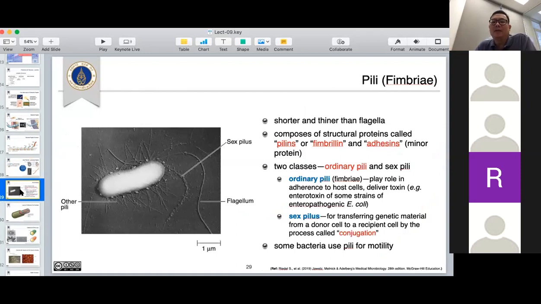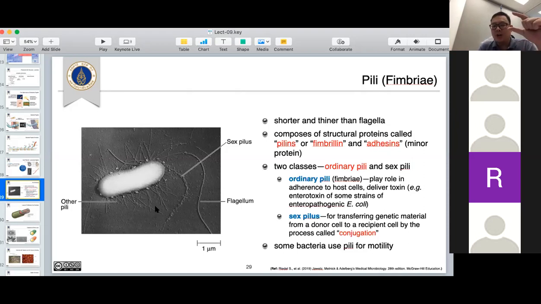Pilin or fimbria. Well, this is a confusing term. Some textbooks say pilin and fimbria are the same thing. Some textbooks classify pili and fimbria as different things. I'll say it like this. The fimbria is smaller. Both pili and fimbria are smaller than flagella, okay?